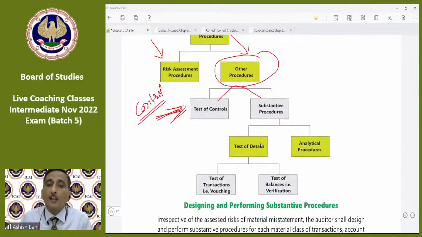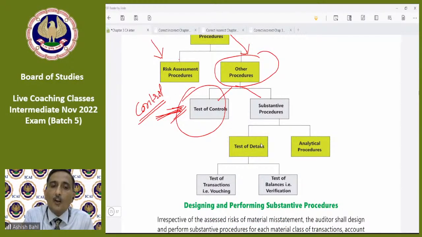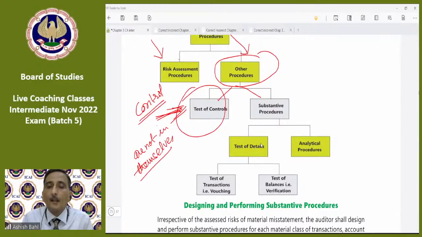So guys, you would now understand that tests of controls are not in themselves sufficient for the auditor to obtain reasonable assurance or to reduce audit risk to a low level. Obviously, he has to perform substantive procedures.